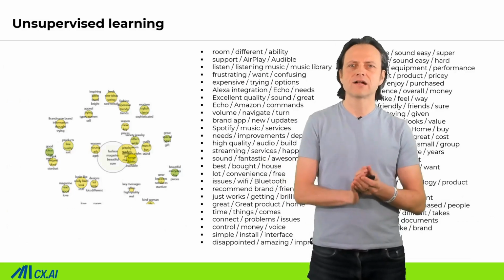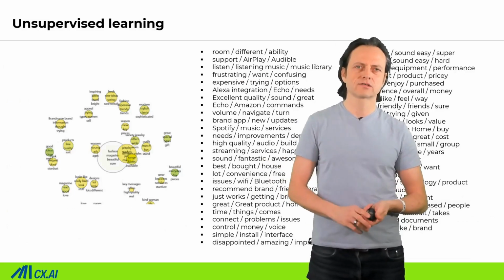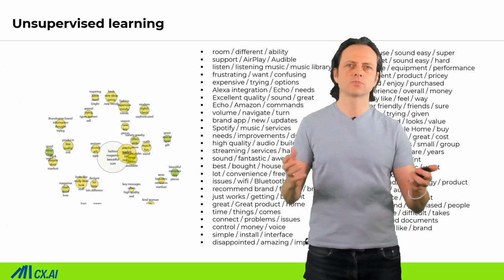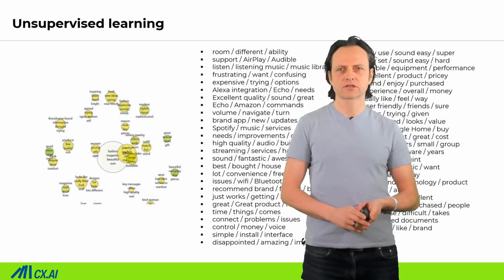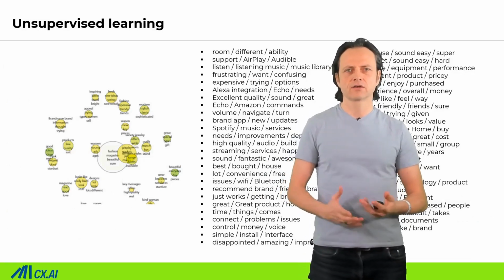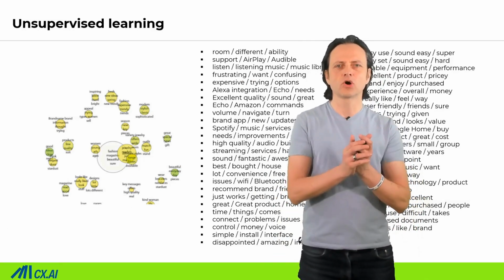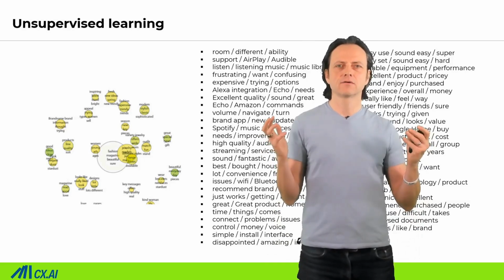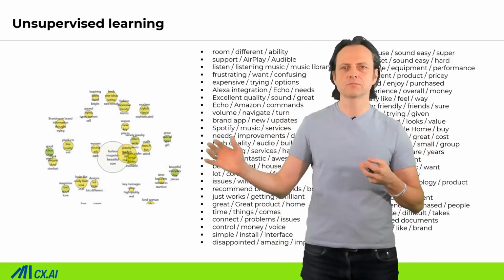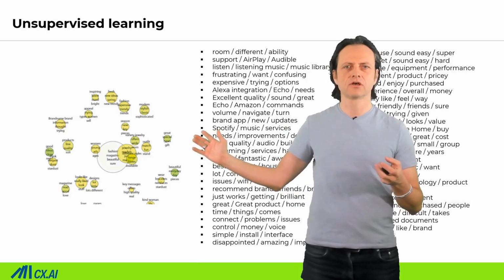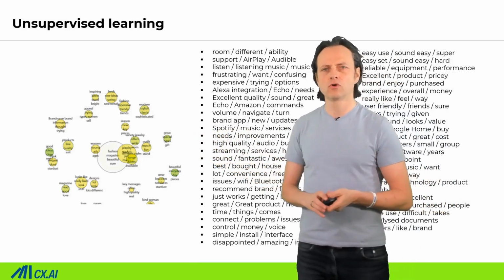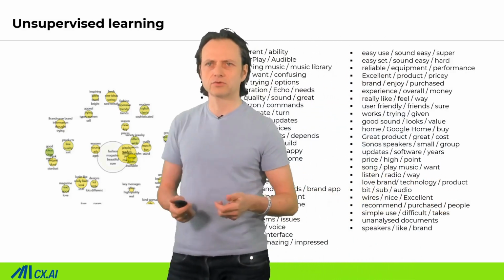Second, unsupervised learning, unsupervised AI, unsupervised text analytics. Again, you just take your data, upload it, and just by magic, it comes up with a bunch of clusters, a bunch of different categories.